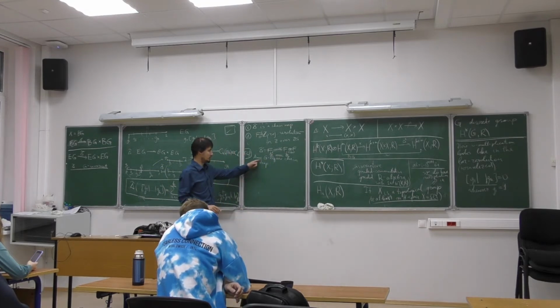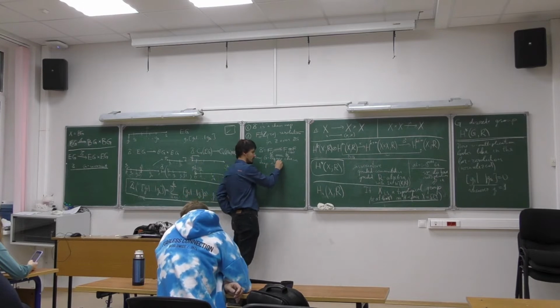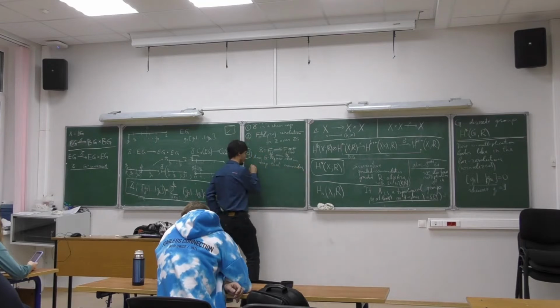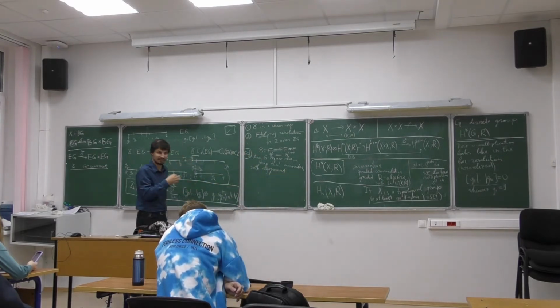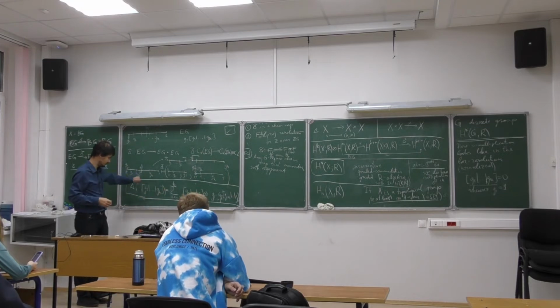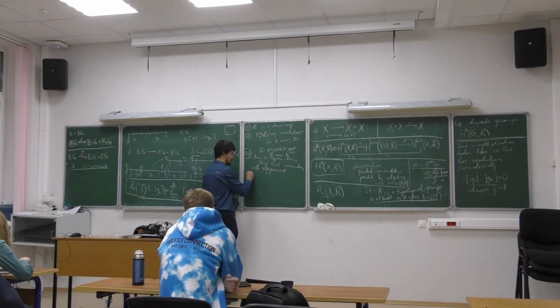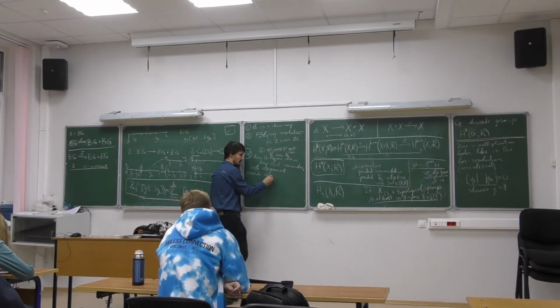So any G equivariant chain map that commutes with augmentations provides us the right multiplication in cohomology.